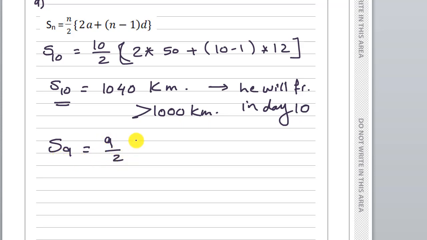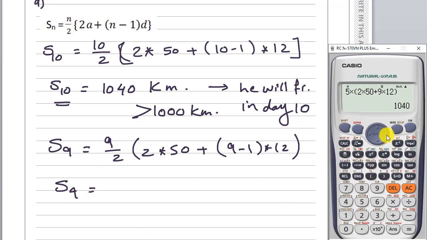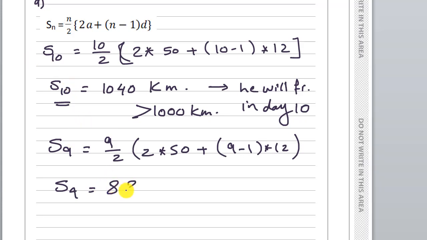So 9 divided by 2 multiplied by 2 multiplied by 50 plus 9 minus 1 multiplied by 12. So the total by day 9 will equal, let us change here, this one 8, and here this one 4.5. So by day 9, the total is 882 kilometers.